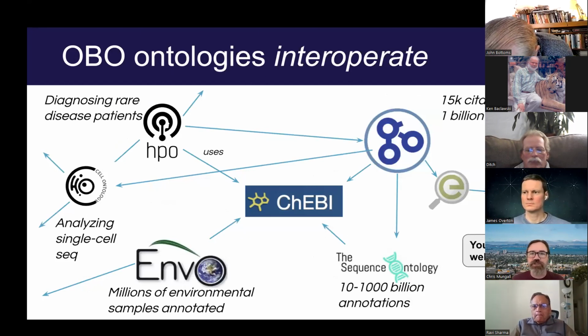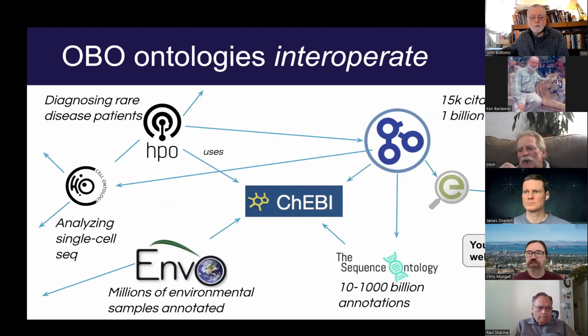So this diagram shows some of the most widely used ontologies within OBO, such as the Gene Ontology. These ontologies don't just stand in isolation. The terms within the ontologies are interlinked with other terms, and they actually depend on them via OWL axiomatization to essentially get their structure. And you'll hear some more about that in some of the other talks in this series.